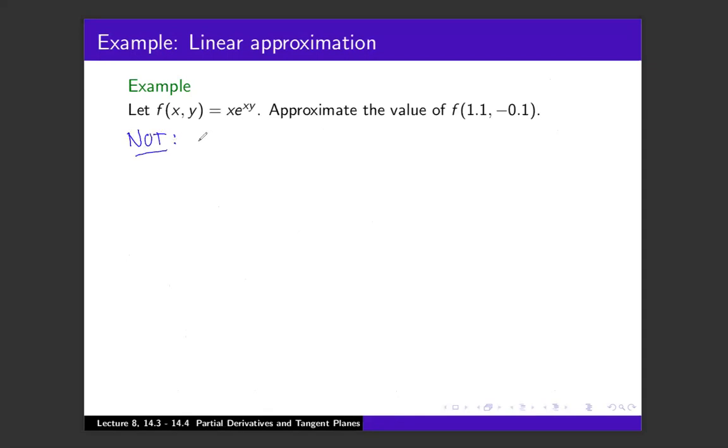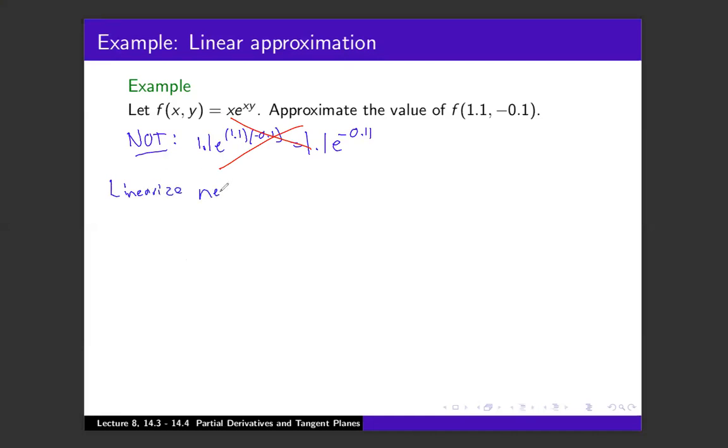We're not going to actually take 1.1 e to the 1.1 times negative 0.1, which is 1.1 times e to the negative 0.11. No, we are not going to do this, because I don't know what exactly that is. That's going to be hard to work out. We're going to approximate it using what's called linear approximation. So we're going to linearize instead.